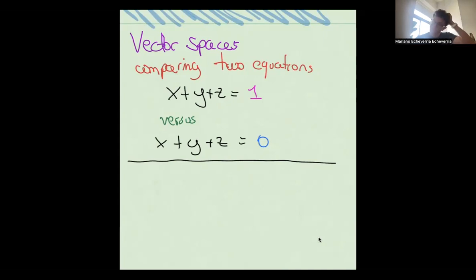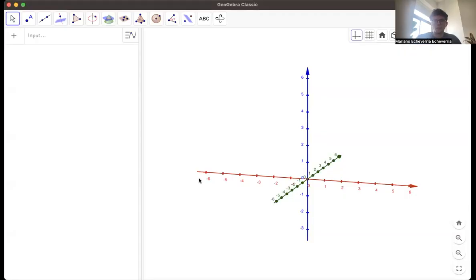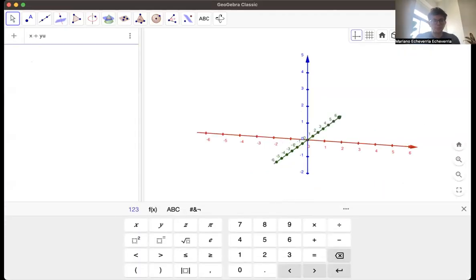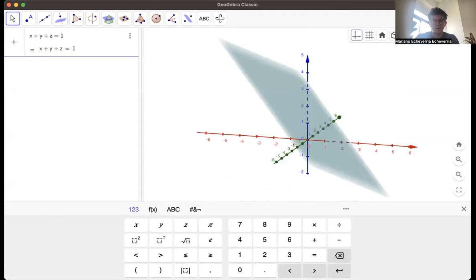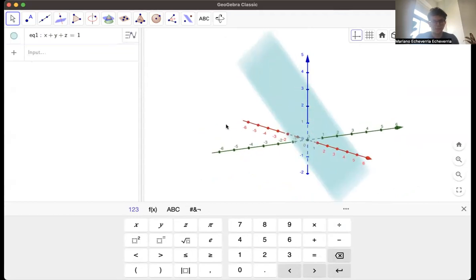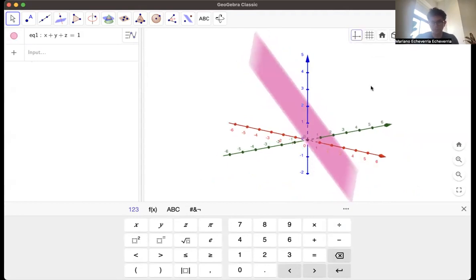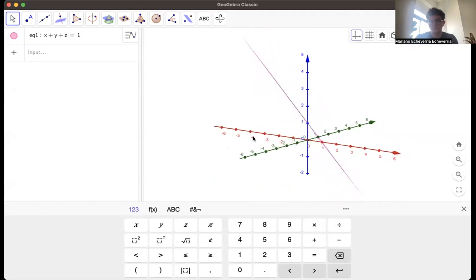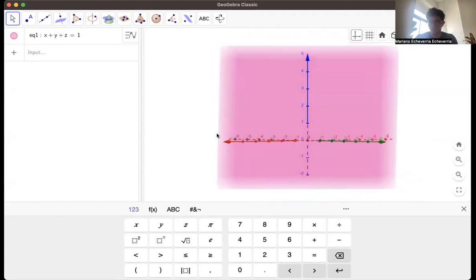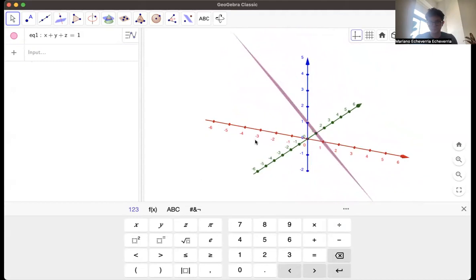Well, I can actually plot it for you if you want to see it. If you take something like x plus y plus z equals 1, you get this. And what was the name that we gave to this sort of thing? You get a plane. So the first equation is a plane, which you see here.